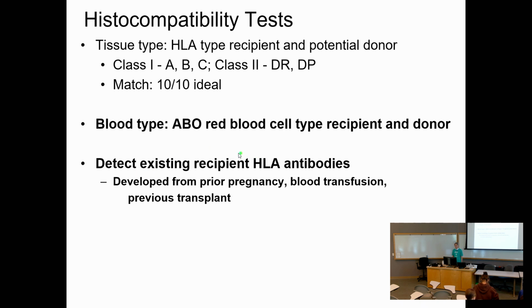And so some recipients can have existing HLA antibodies, and we know that from the way we originally found the HLA types is that women who've had prior pregnancies often will have HLA antibodies against the father's haplotype that the neonate has inherited from the father. And so they already have HLA antibody.